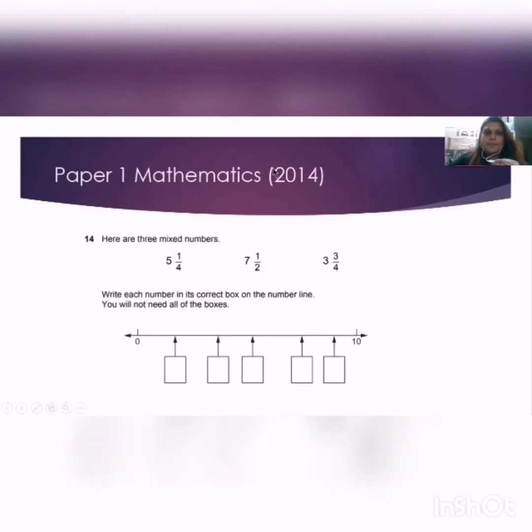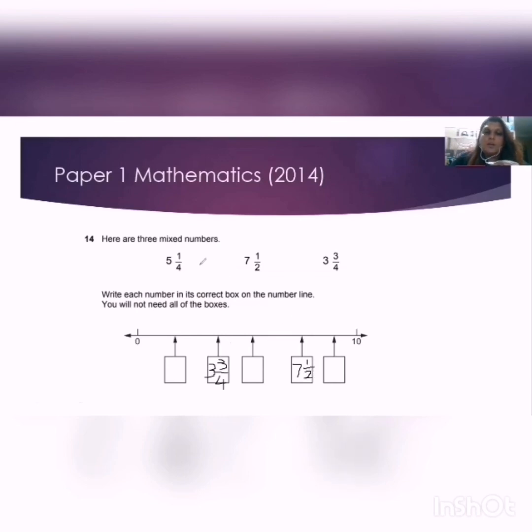Okay, 3, okay, 3, and then here we didn't know that 7 1 over 2.